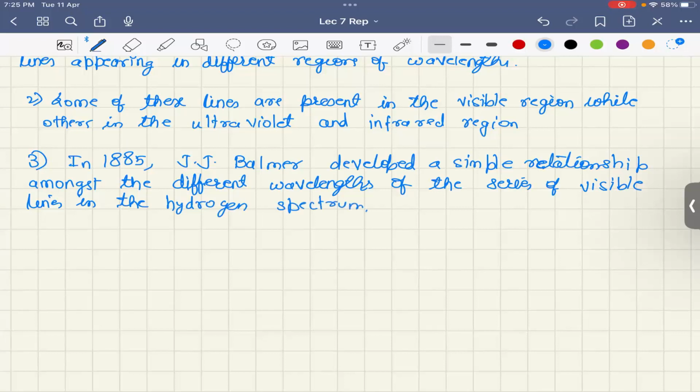So this expression is very important. The expression is 1 by lambda, which is nothing but the wave number, mu bar, in centimeter inverse, is equal to 109677 into 1 by 2 square minus 1 by n square, right?